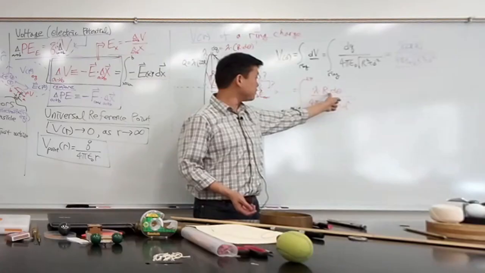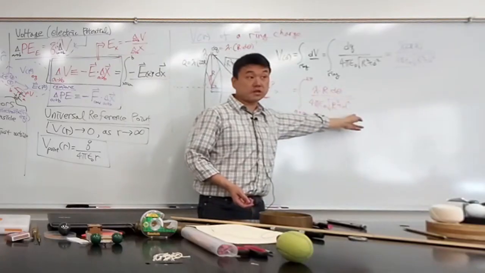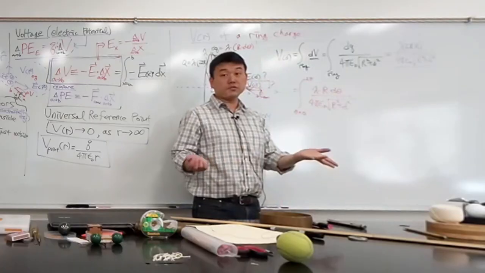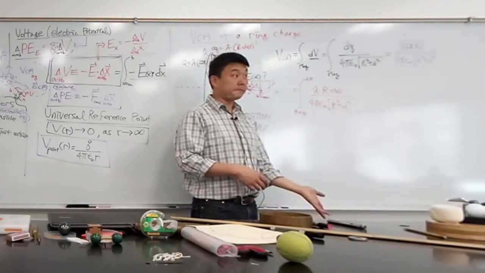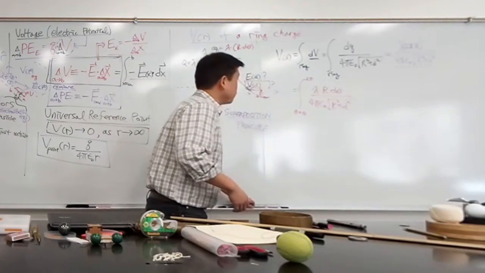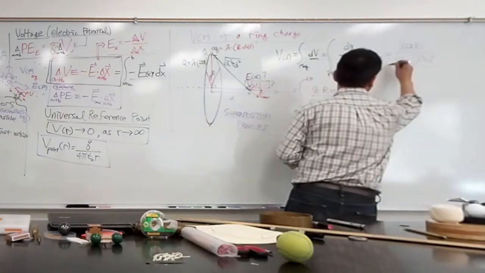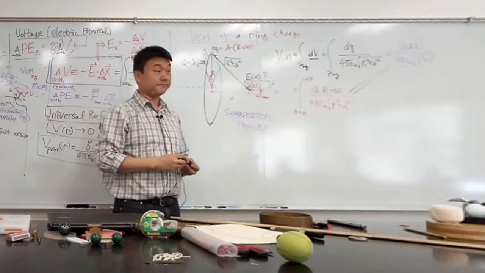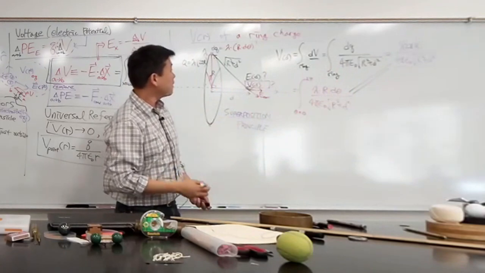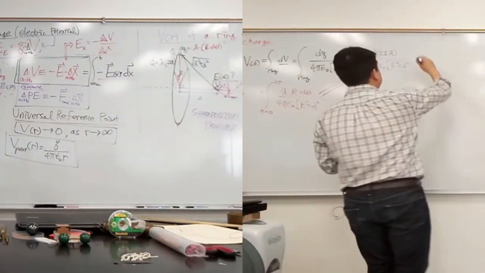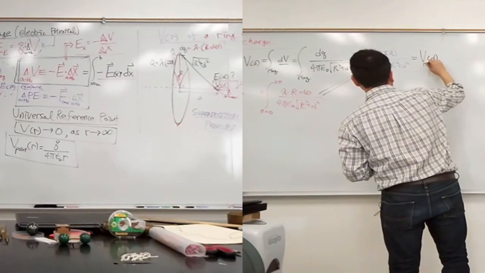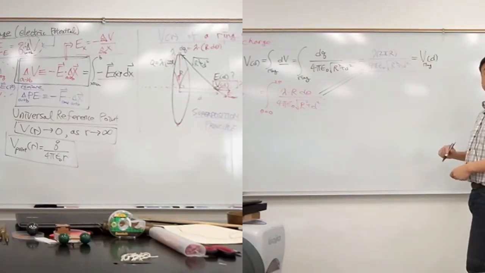Lambda doesn't change, r doesn't change, none of these change. Which means this integral over d theta is equivalent to just multiplying by 2 pi. And when you do that, this is what you get. So this is my formula for the voltage of the ring as a function of distance d.